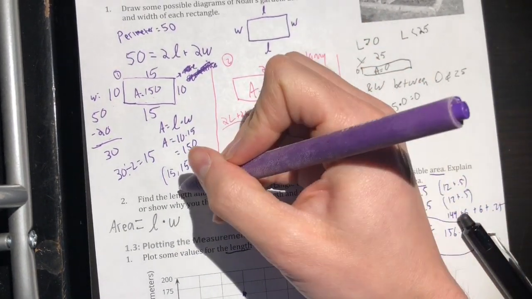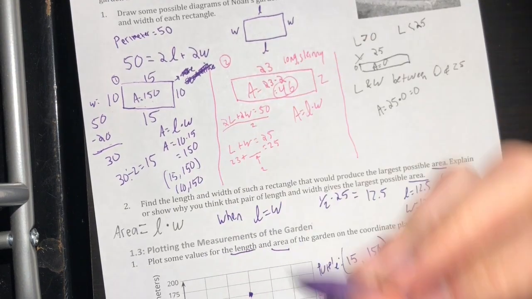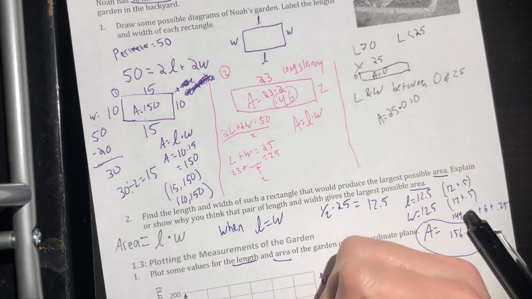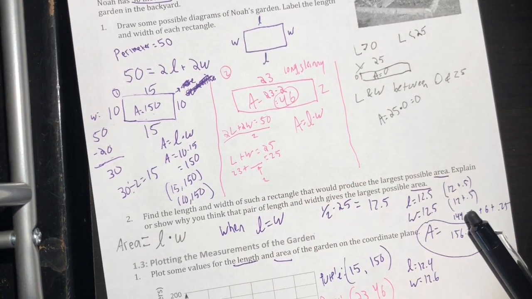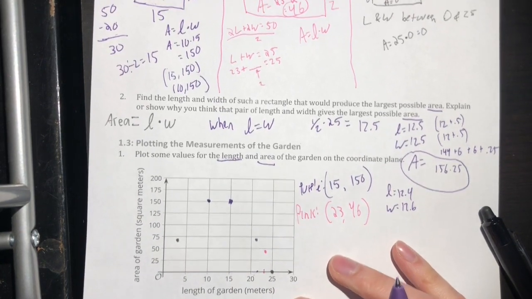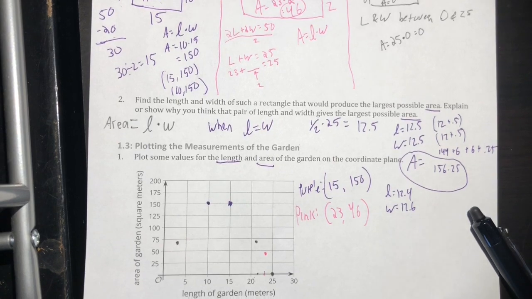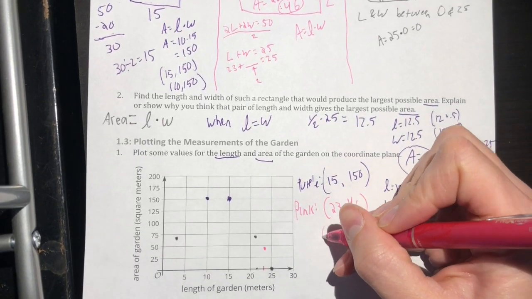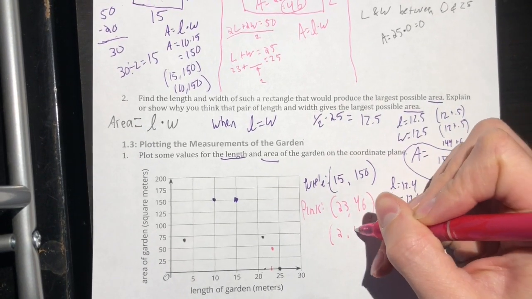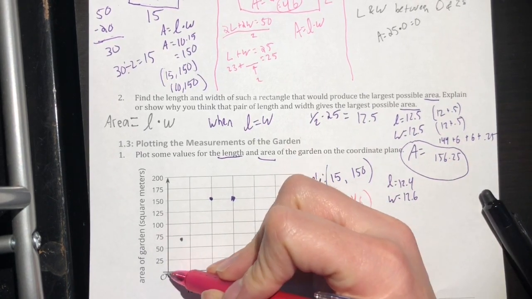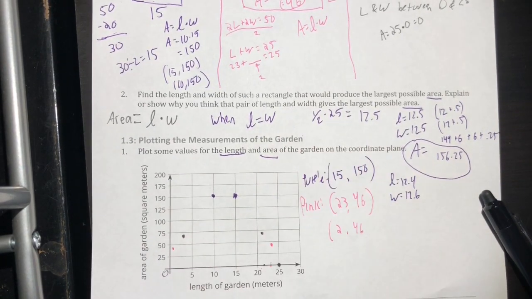So I could also have the point 10, 150. And then for here, for the pink one, my length was 23, but also my length could have been 2 if I had turned that rectangle, 2, 46. So now I have 2, 46.